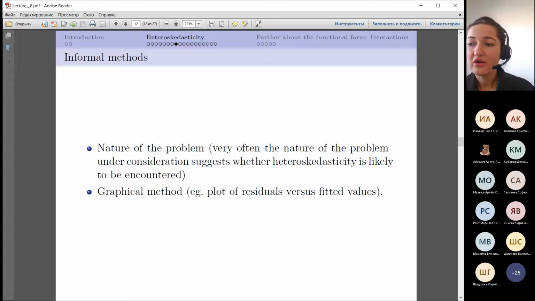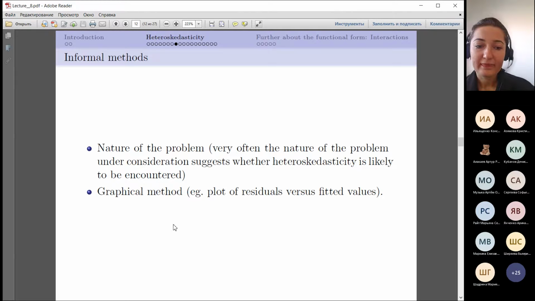You know that you include different sizes of households, with very high income and very low income, and you combine all these households in your sample. Of course, you can assume that the heteroscedasticity problem will arise in your model.